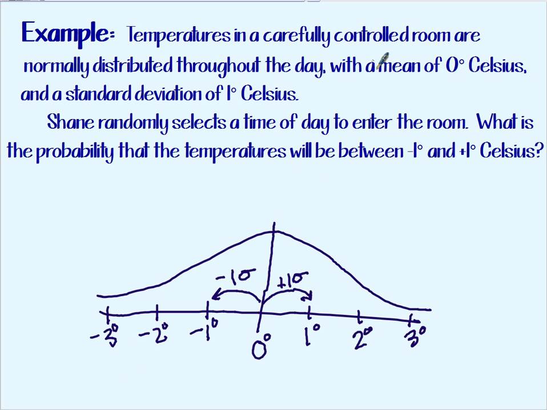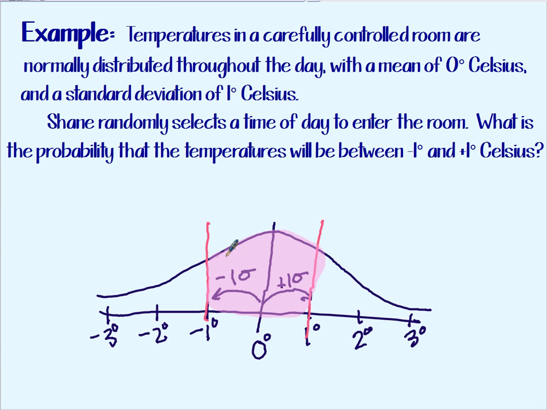The question says, what's the probability that the temperatures are going to be between -1 degree and +1 degree Celsius? So I'm trying to find the probability of the temperature being in this portion of my normal curve.